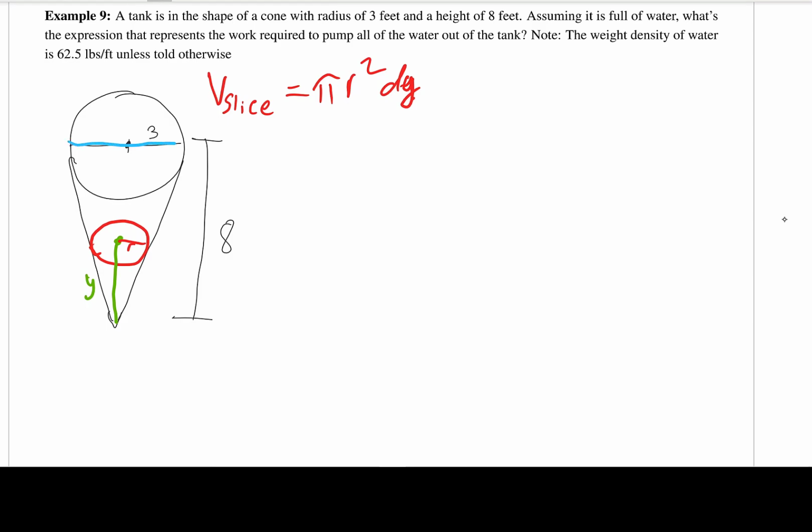I can treat this as one triangle, and then we can treat this part as another triangle. So let's see what that looks like. One triangle will look like this. Our similar triangle will look like this.